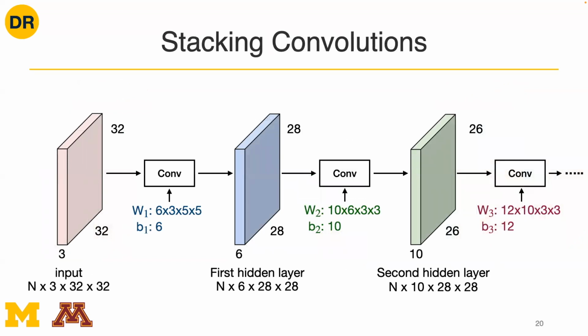But OK, so having now generalized this definition of what a convolution operation can do, one important realization is we could start to treat convolutional layers the same way we were treating fully connected layers in our discussion of linear classifiers. So what we can imagine doing is taking our original input, which is a 3 by 32 by 32 image. We could first pass it through our first convolutional layer, which had 6 filters.